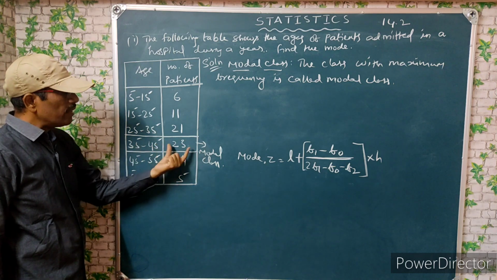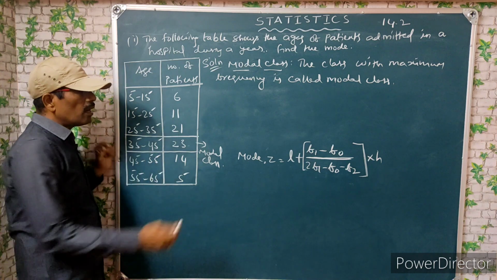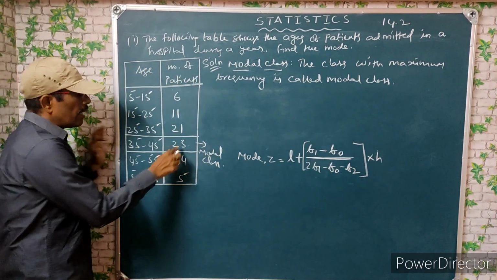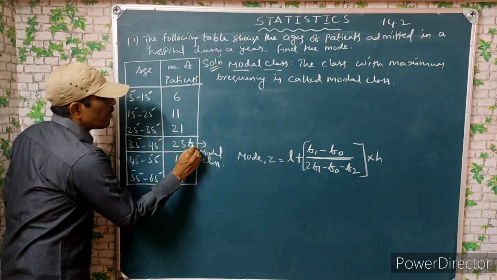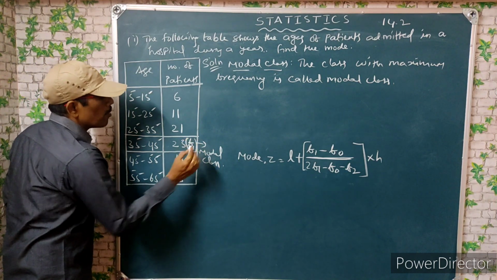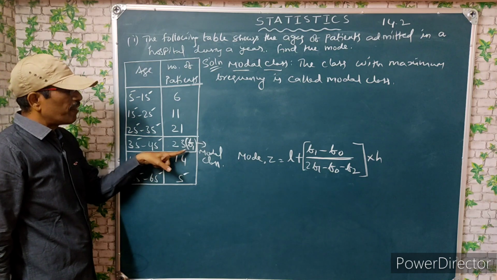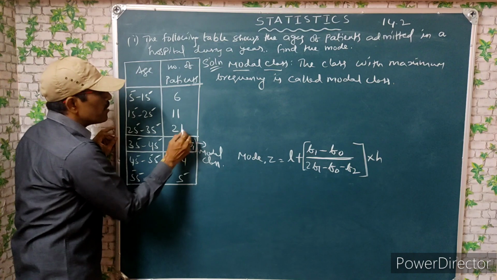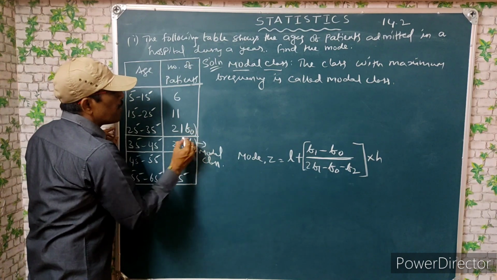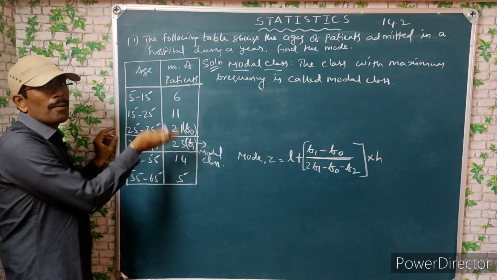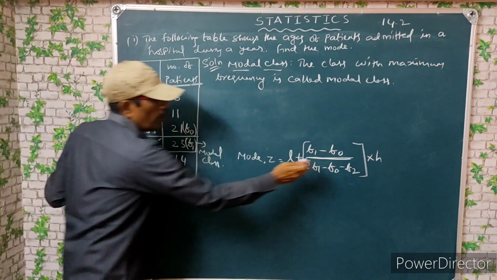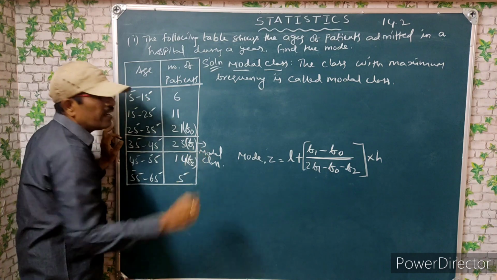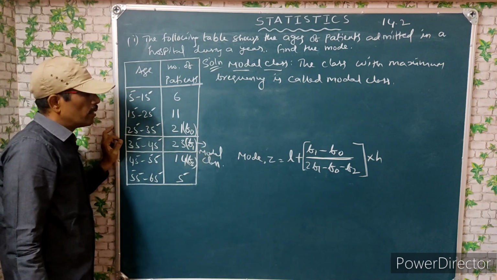Immediately after finding the modal class, now you represent all these terms in the table. Here, F1 is the frequency of the modal class. F0 is the frequency preceding the modal class or above the modal class. F2 is the frequency below the modal class or succeeding the modal class.